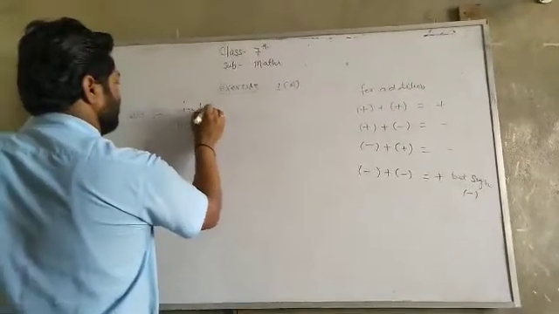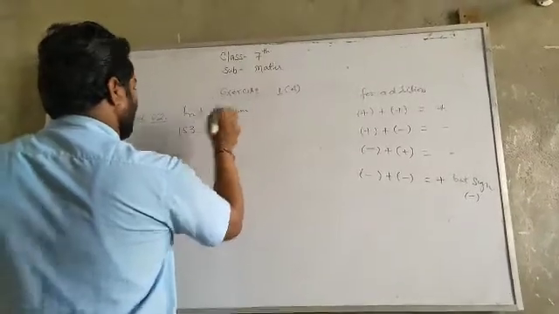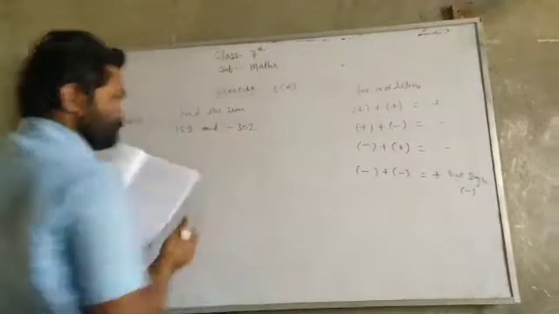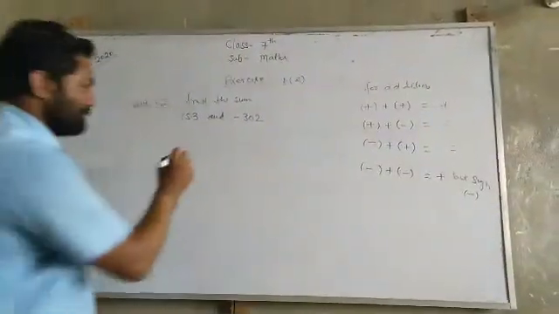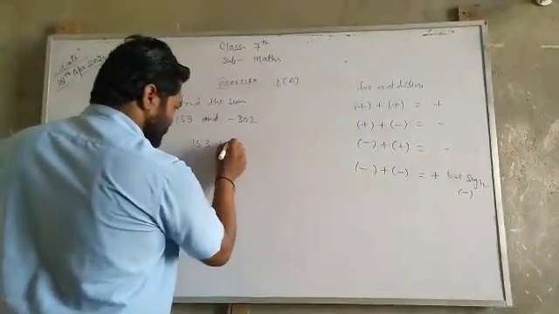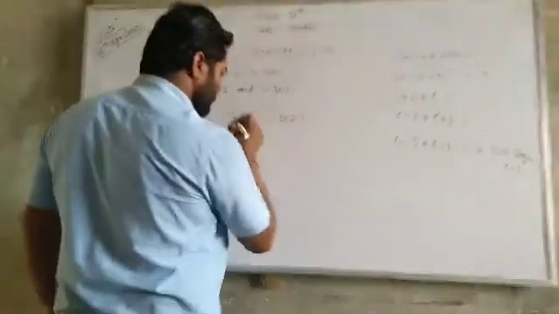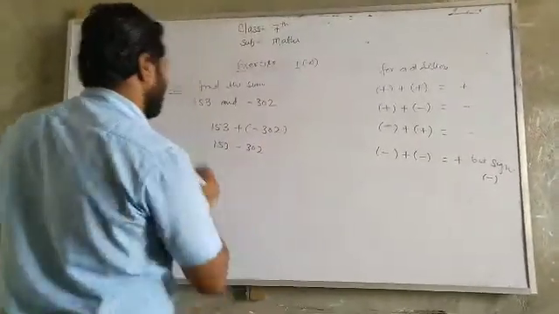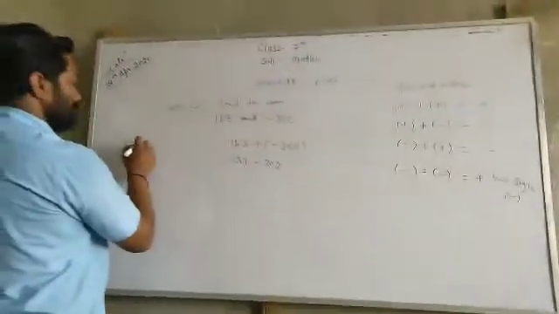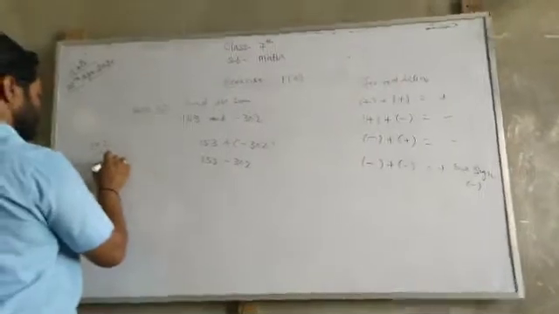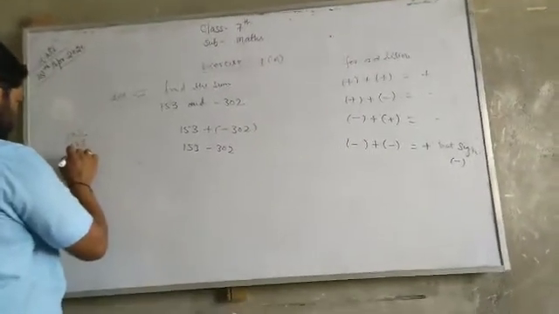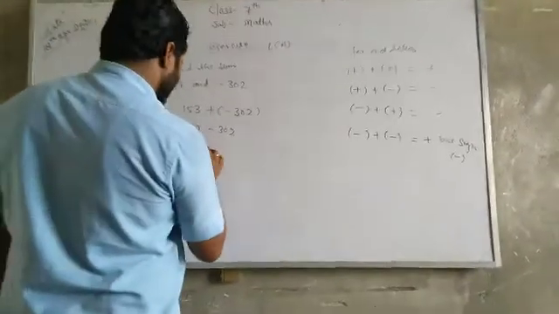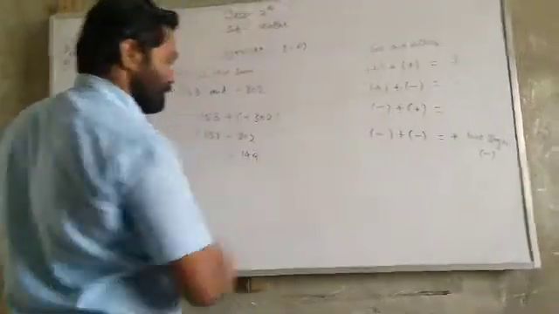Find the sum of 153 and minus 302. 153 plus minus 302, 153 minus 302, this is equal to minus 149.